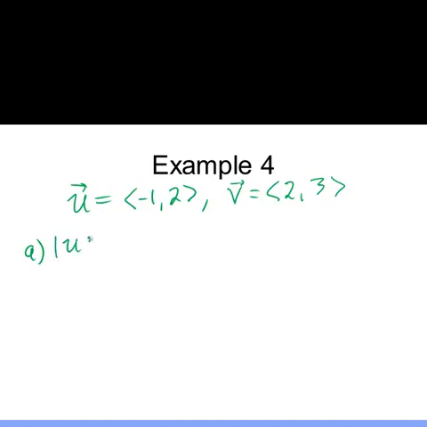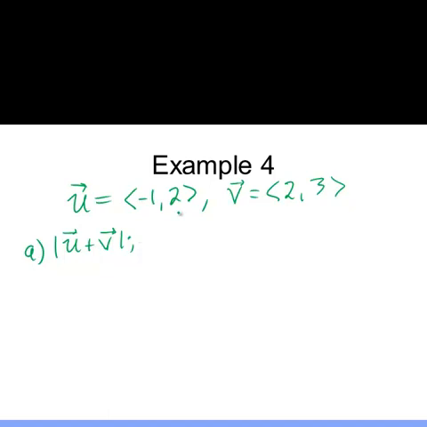Example number 4. Suppose that we've got vector u as negative 1, comma 2, and then we have vector v with components 2, comma 3. For part A of this example, suppose that we wanted to find the magnitude of u plus v. All right, how to do that?